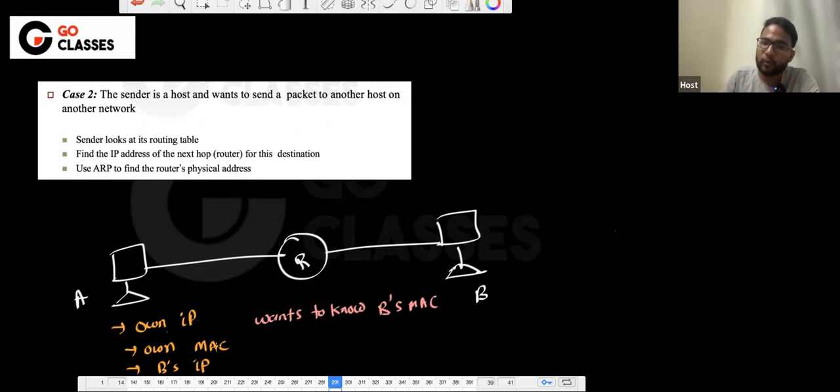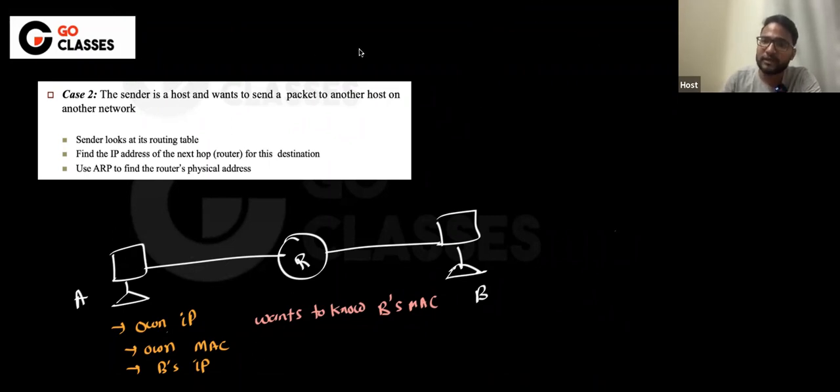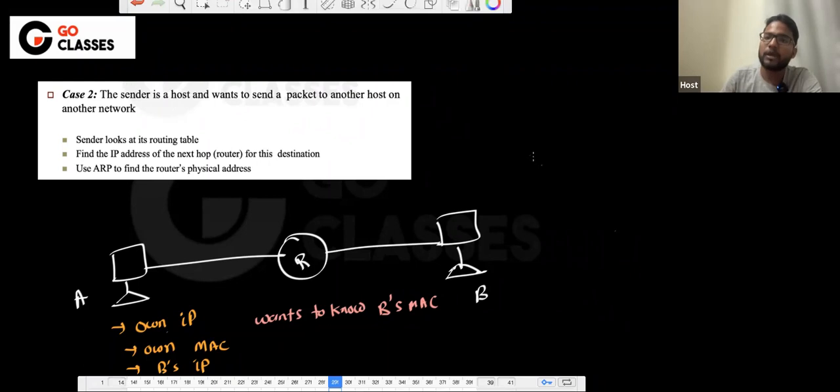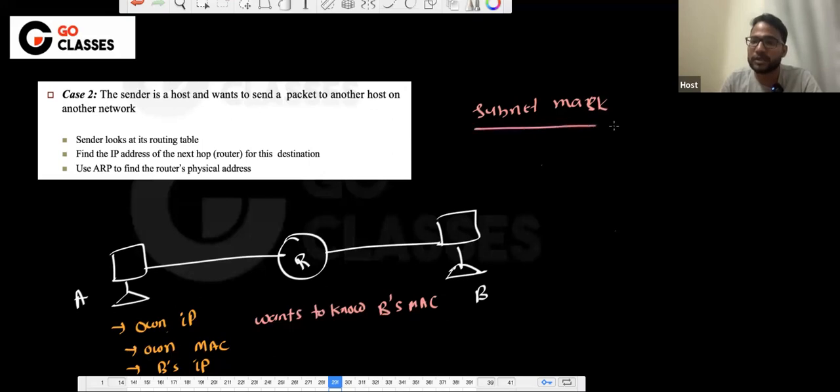Then it will check, based on the routing table of this host, what is the hop that I should be forwarding it to. It can check based on this IP address and the network mask given to you. If you open your laptop's IP configuration, maybe there is a subnet mask there. So there is a subnet mask and an IP address for every host.